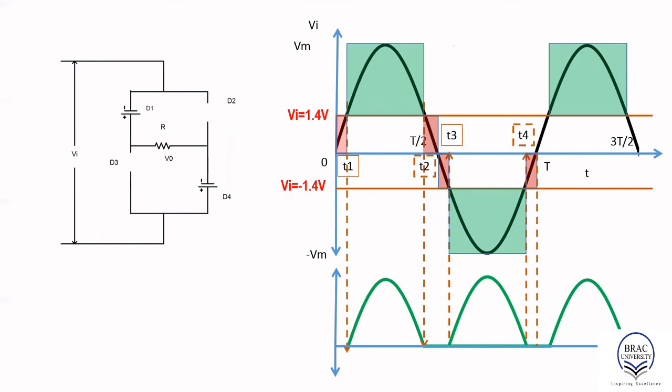And since for both half cycles, when the diode is on, Vo is equal to Vi minus 1.4 for the positive half cycle, and also Vo is equal to Vi minus 1.4 for the negative half cycle, our value is always positive. So that is how, and the peak is Vm minus 1.4.